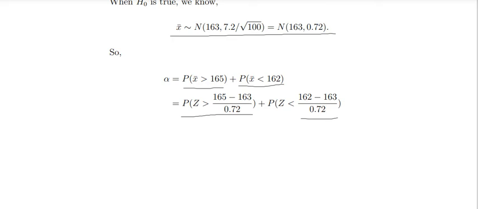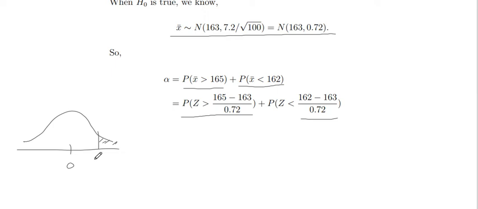Once we have the cut point, we find the probability using the table. So it is 1 minus the number from the table, right? The table gives us only the left side.